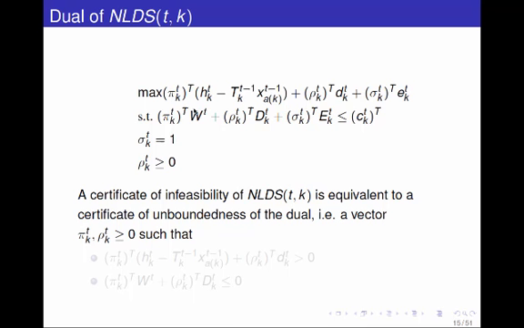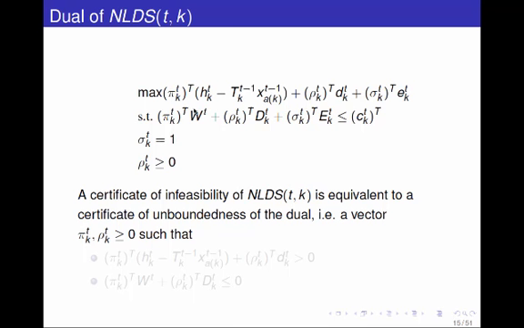So the objective function has to be always improving, which means pi 1 transpose this plus rho 1 transpose d has to be positive.